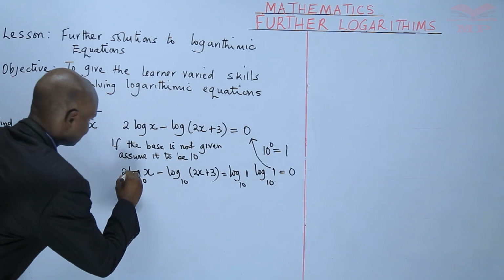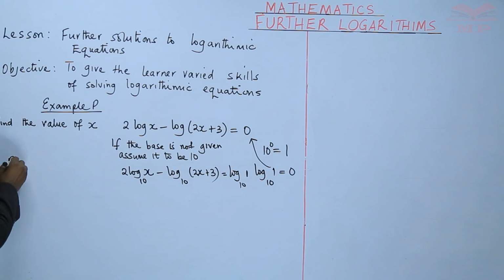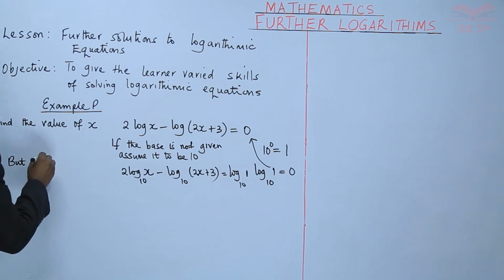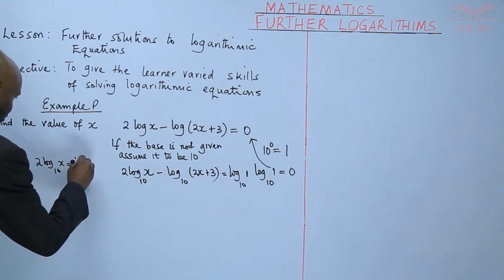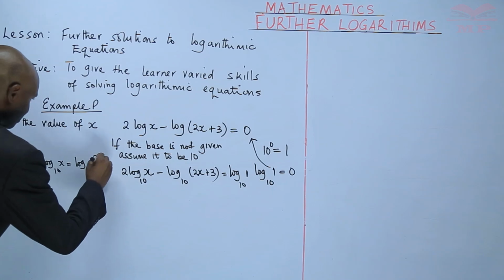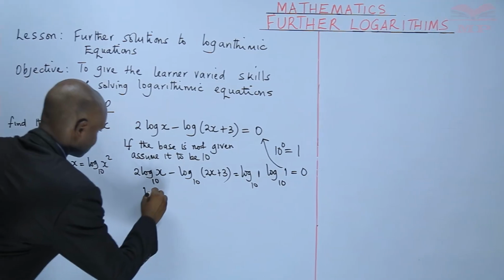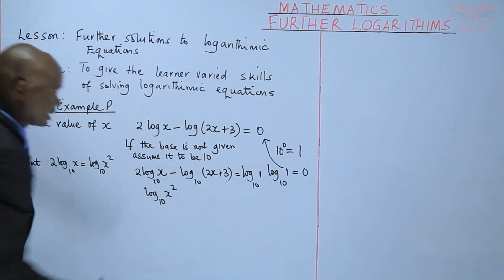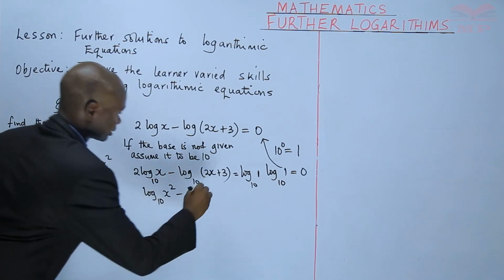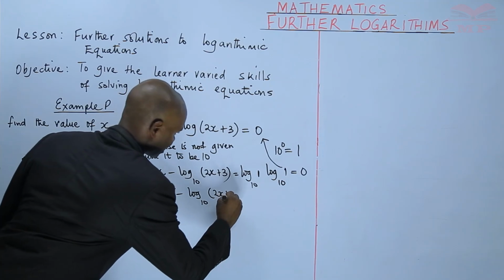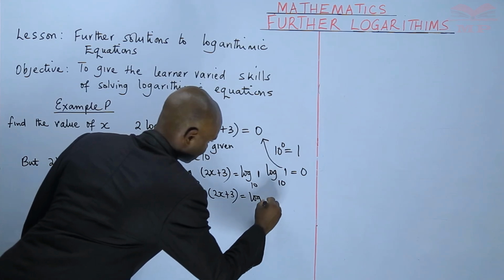This is the same as having the other law of logarithms: 2 log base 10 x is equal to log base 10 x squared. So you'll substitute where we have that. You'll have log base 10 x squared, minus log base 10 2x plus 3, is equal to log base 10, 1.